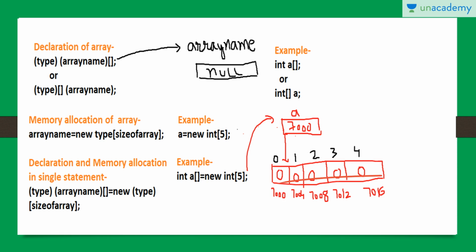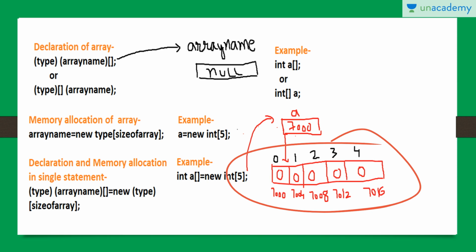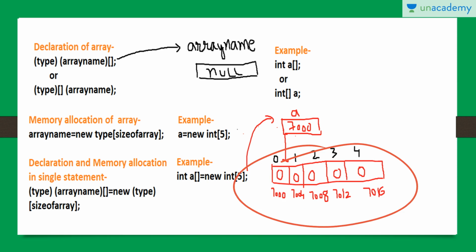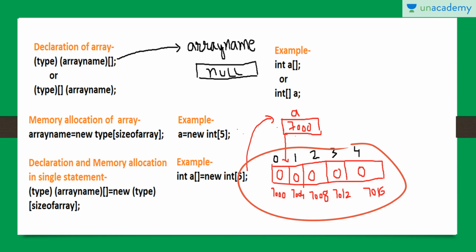We have just given memory to these memory locations. So by default they will have 0 value. In the next slide we will see how to populate, basically how to give values to these variables.